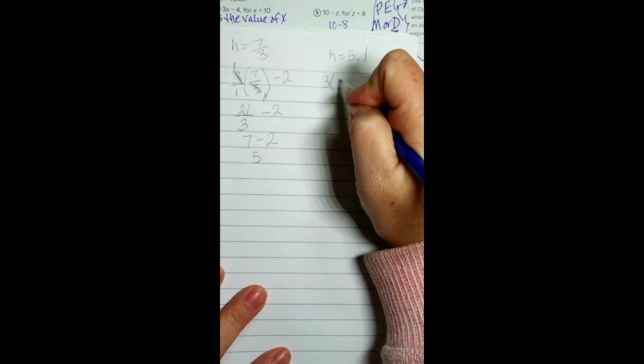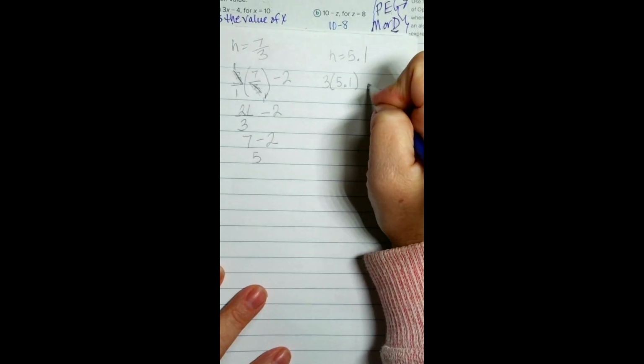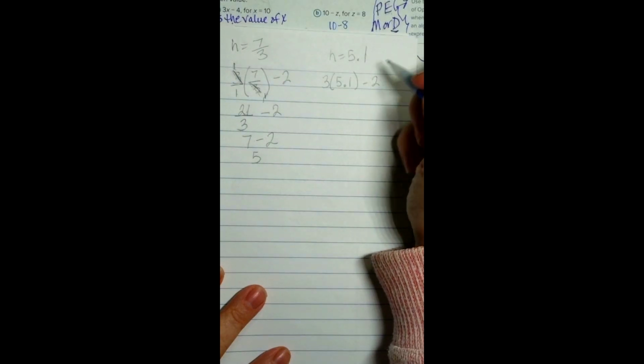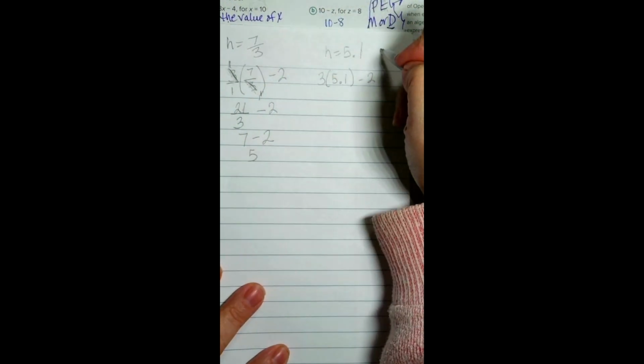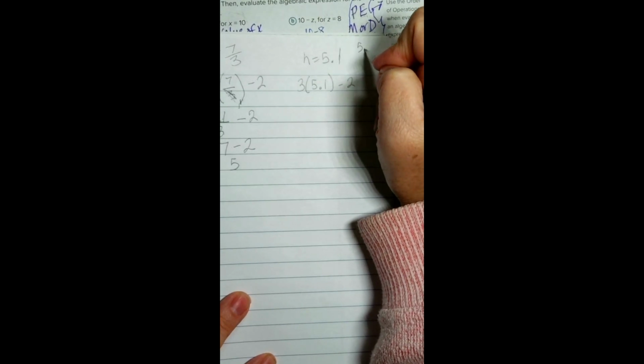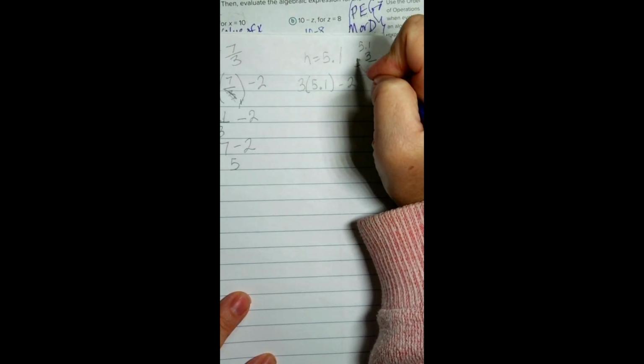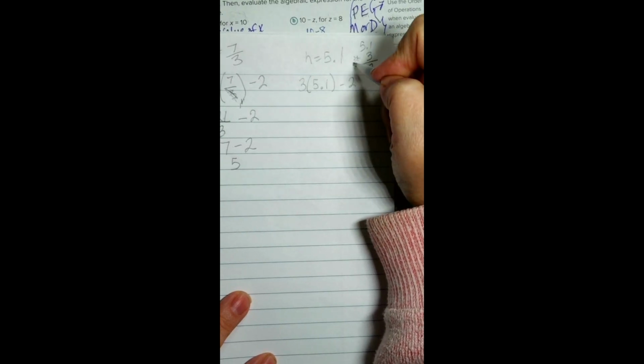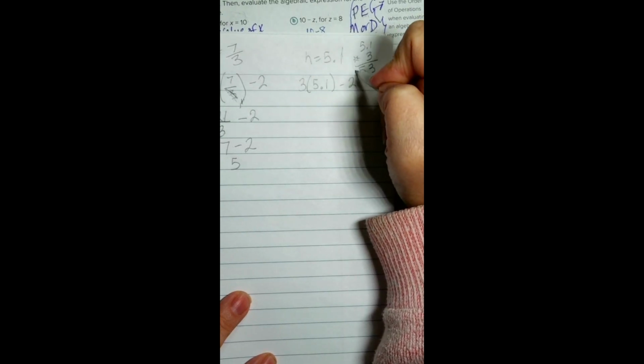So 3 times 5.1 minus 2. 3 times 5.1, if you're not sure, I'm going to do it off to the side here somewhere. So 5.1 times 3. 3 times 1 is 3. 3 times 5 is 15.